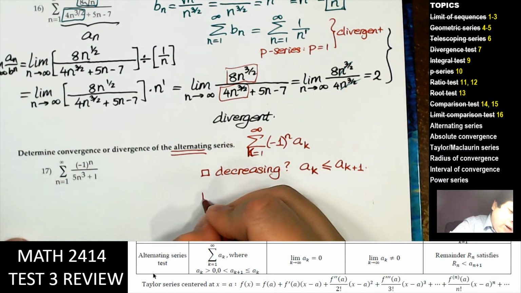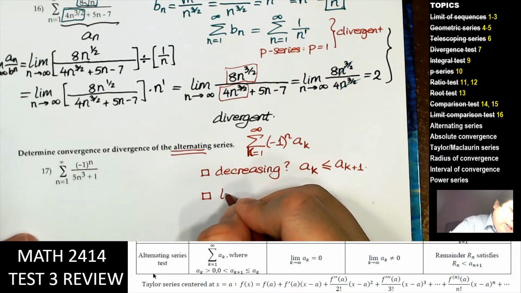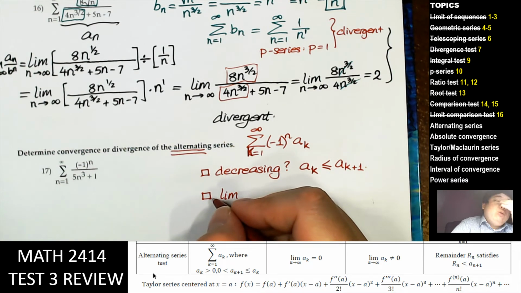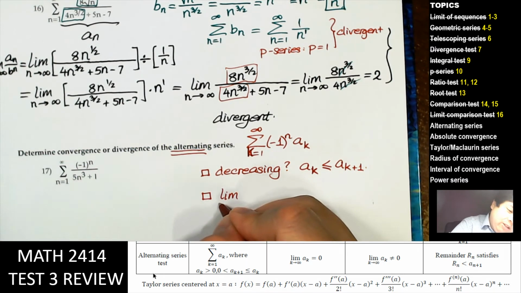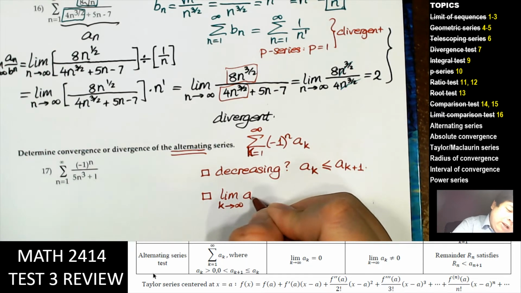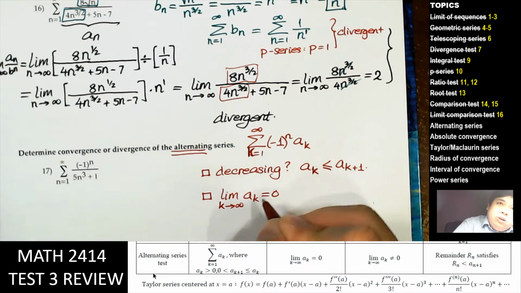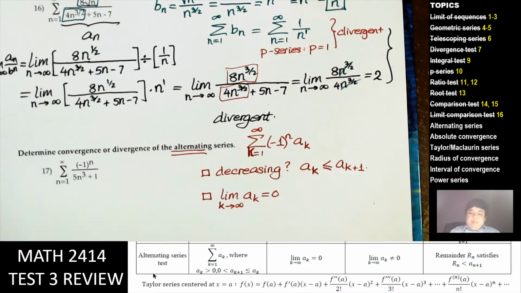And the second one, the nth term has to go to, I'm sorry, has to go to 0 when n goes to infinity. As k goes to infinity, a sub k goes to 0. So we need to have those two.